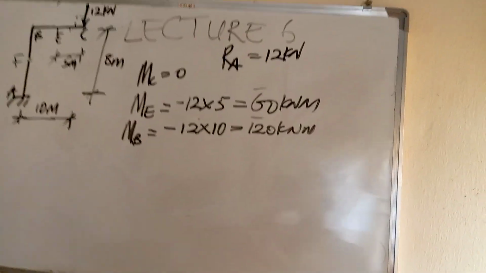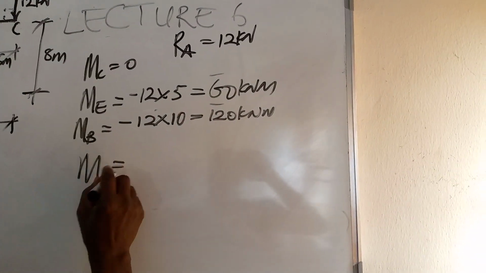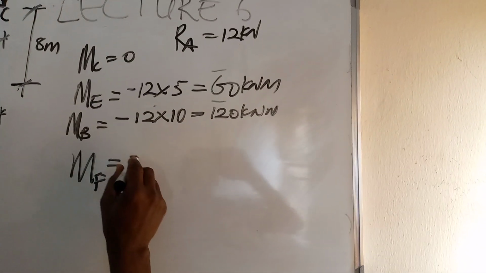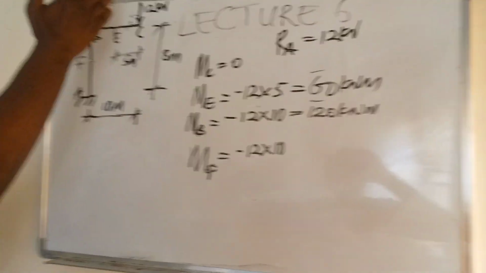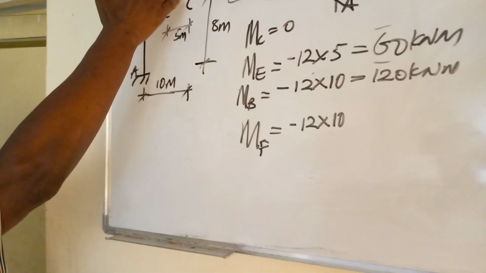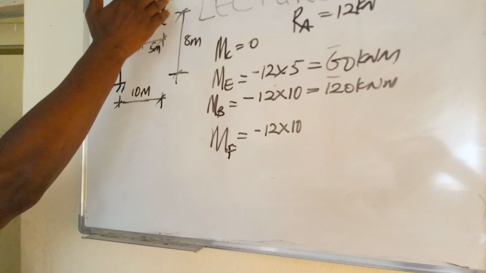That's the moment at B. Now, moment at F, M at F is equal to minus 12 times 10, because 10 is the perpendicular distance from the load, 12 kilonewton.